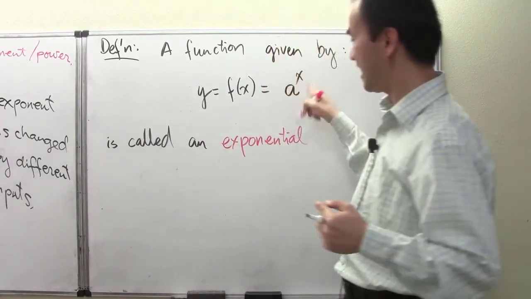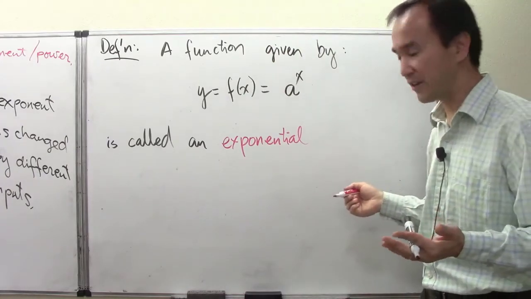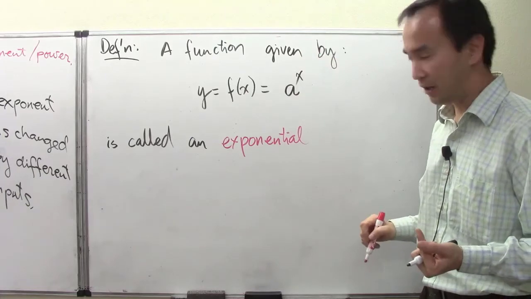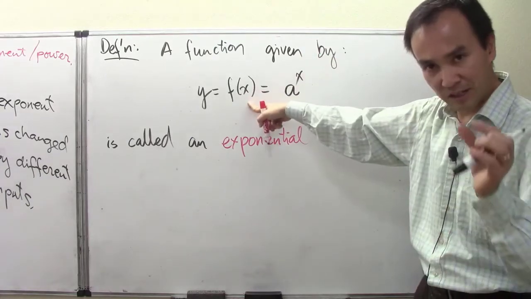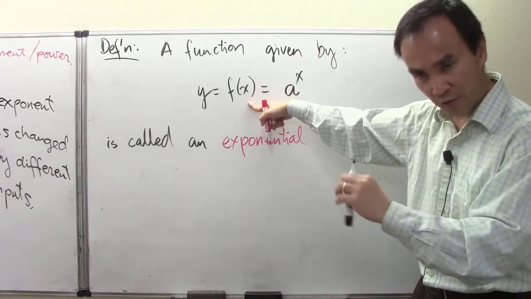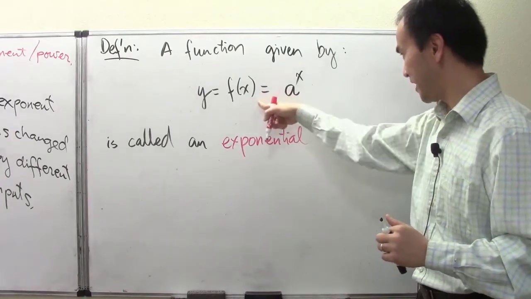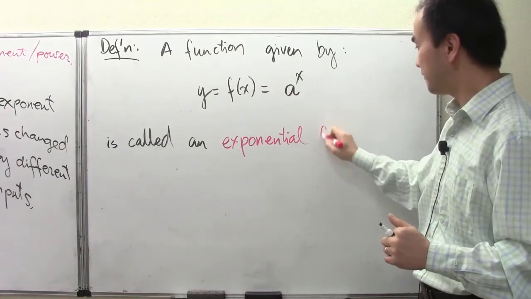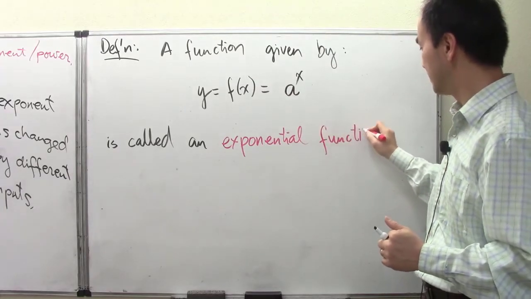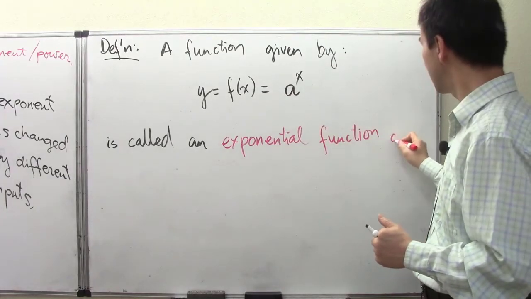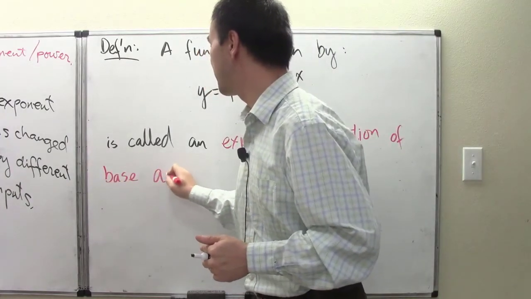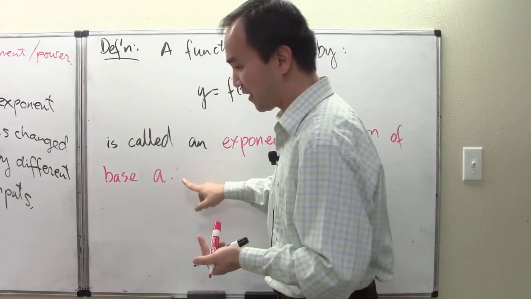Any function defined with f of x equals some base a raised to the x power, where the x power is the input of our function, is called an exponential function of base a.